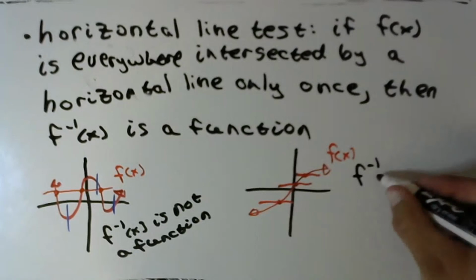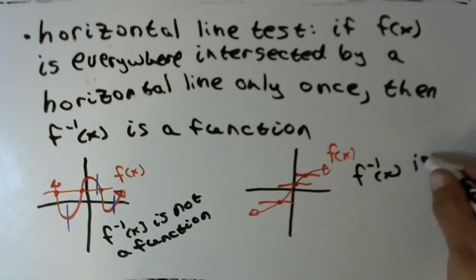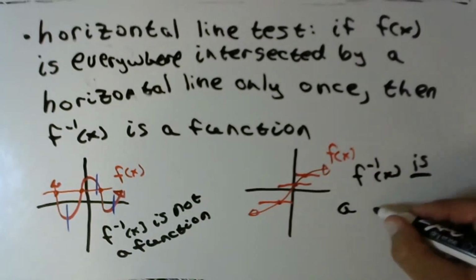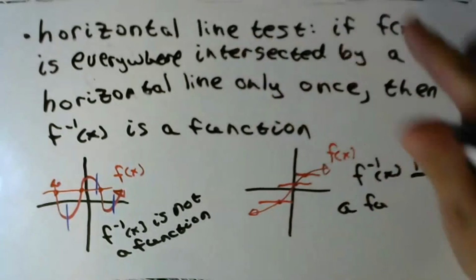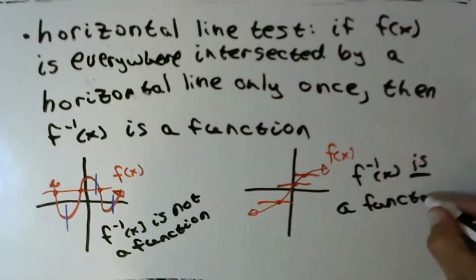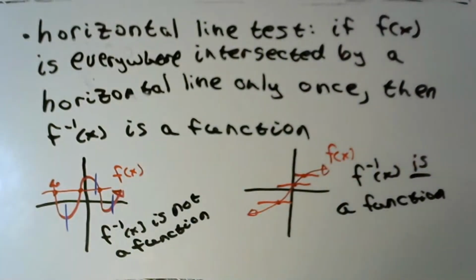Well, this says f inverse of x is a function. And that's it. So any questions, let me know, but that's pretty much it for inverses. And other than that, have a wonderful evening.